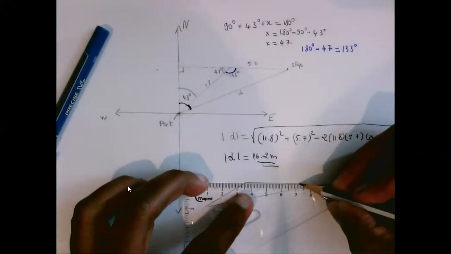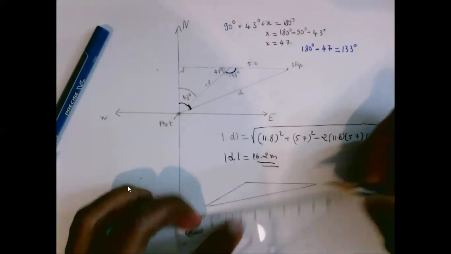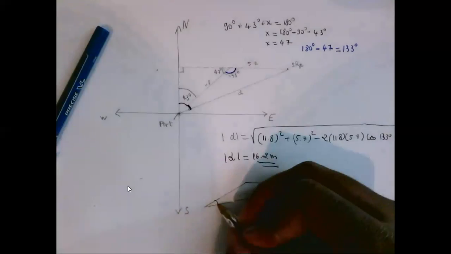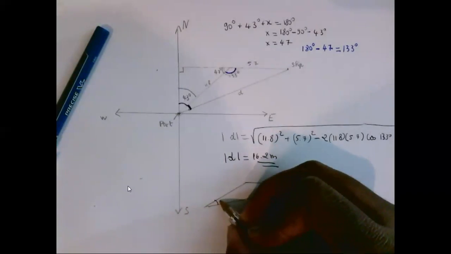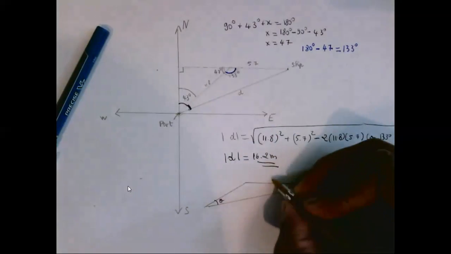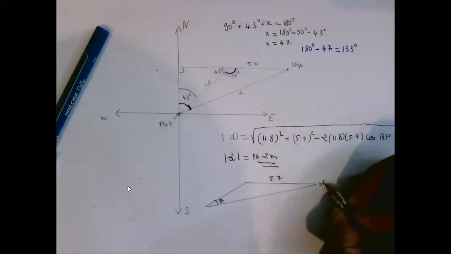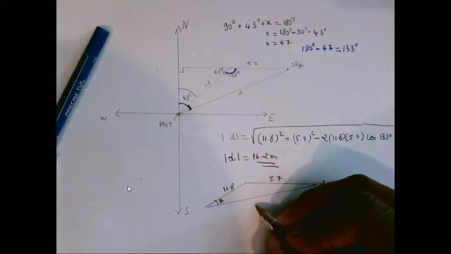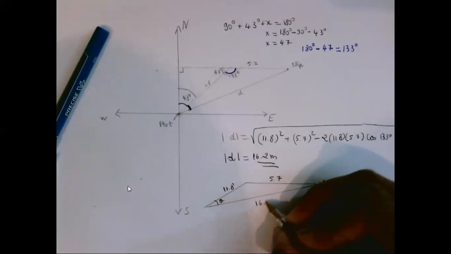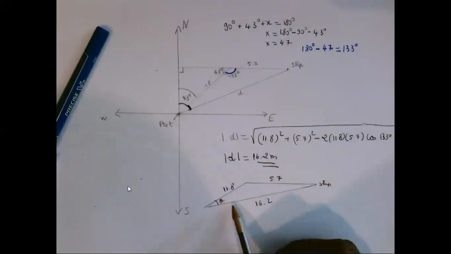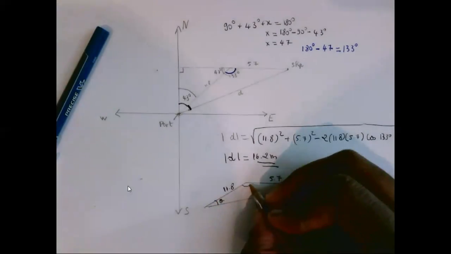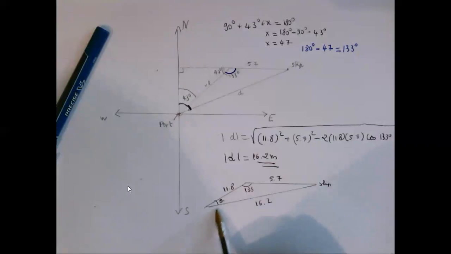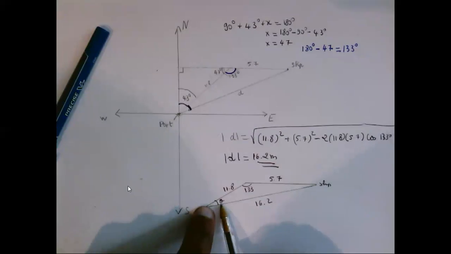So I'm looking for this small portion. Let's call this small portion theta. This one is 5.7. This is my ship right here, and this length here is 11.8, and this distance I just found was 16.2. So based on the law of sine, I have one angle here, and another angle here, which is 133. Based on the law of sine, sine of theta divided by 5.7 is equal to the sine of 133 divided by 16.2.